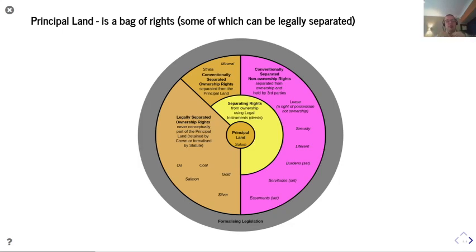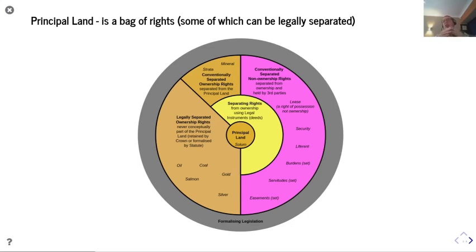The king, and it mainly was a king, would have granted land out, saying yes, you can have this land, but you're not going to have the gold and silver rights that underpin it, and you're not going to be able to fish in there because I reserve a right to go and fish in there. Over time, those things are formalized into legal statutes, and now it's not a Crown issue, it is a legislation issue. So in many countries, gold, silver, oil, coal and mineral rights are removed by statute from land which is owned privately.